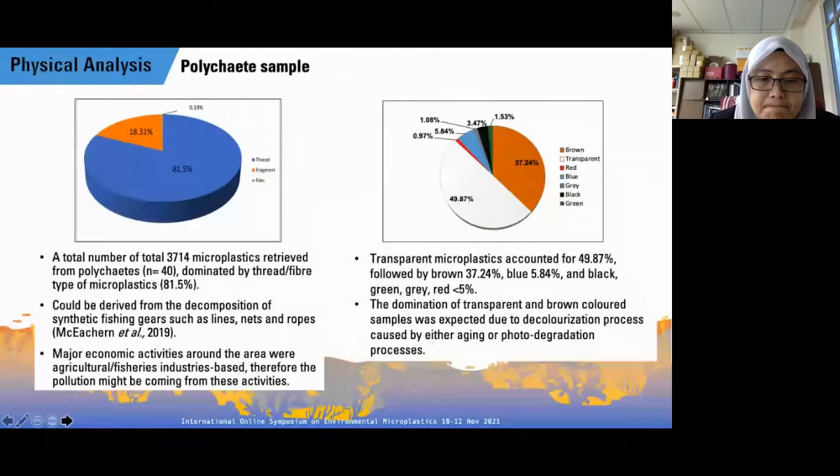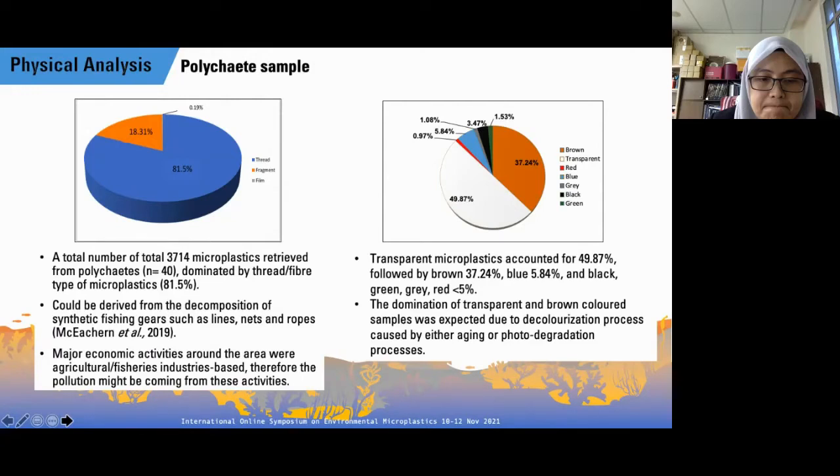So this might be the source of microplastic pollution in this area. The domination of transparent and brown colors is well expected. As I can say, it's probably due to the decolorization process, maybe because of the aging and photodegradation of the microplastics.